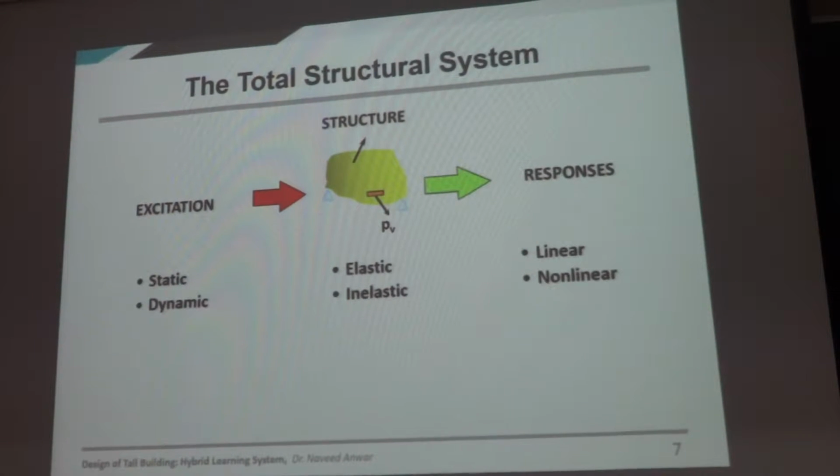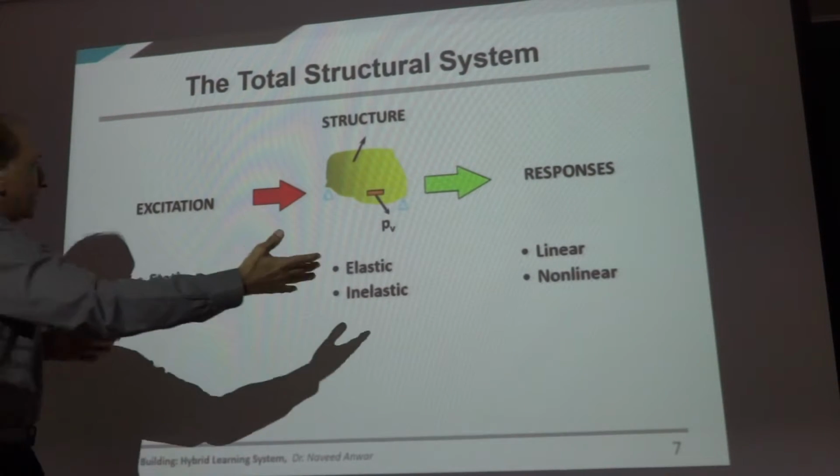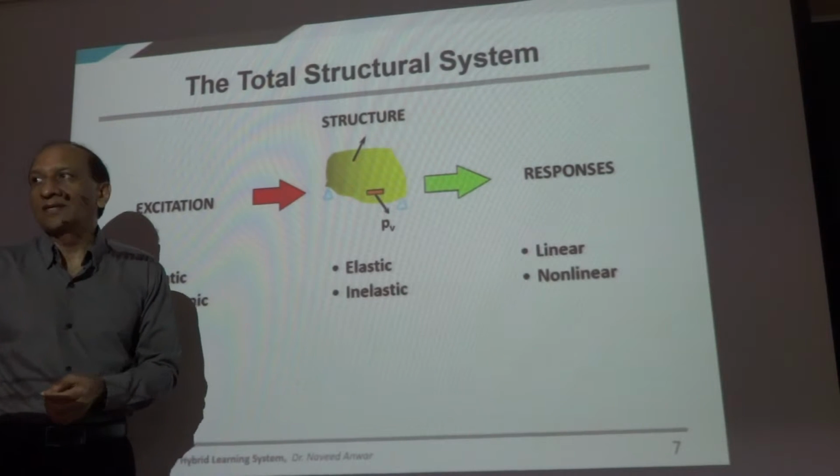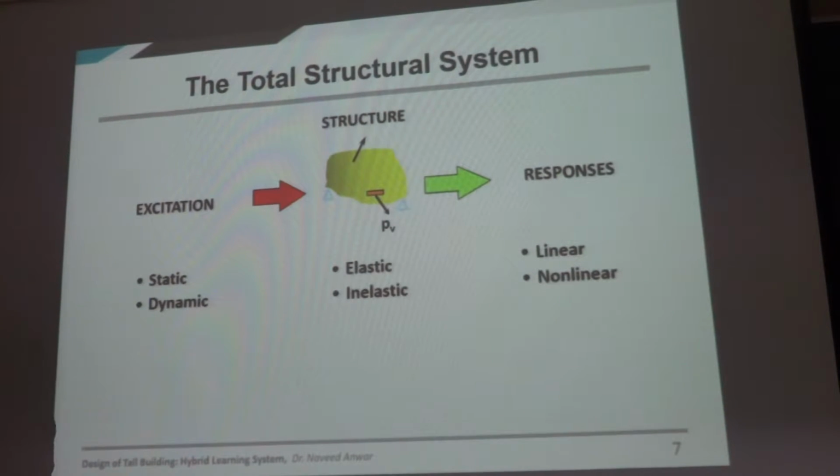In the beginning, K was 1, then K became 0.75, and K became 0.25, or K became 1.25 after some time. So that means the response and excitation relationship may not be linear, could be non-linear. So these are the 6 possibilities that can happen.